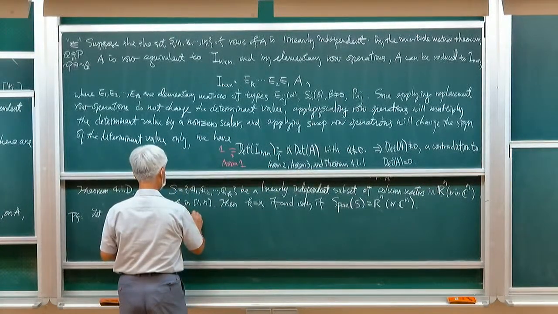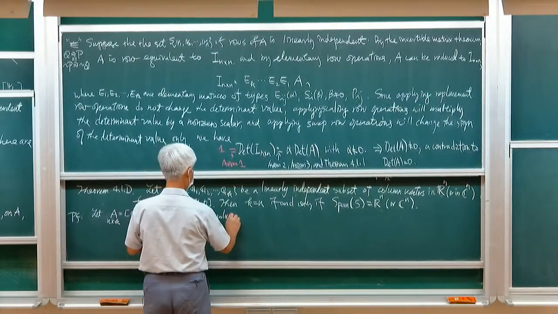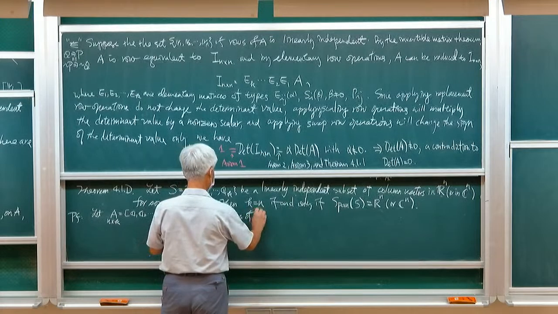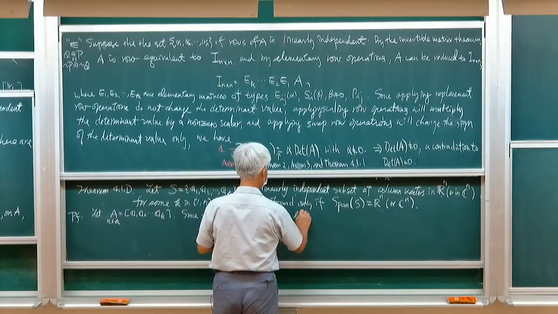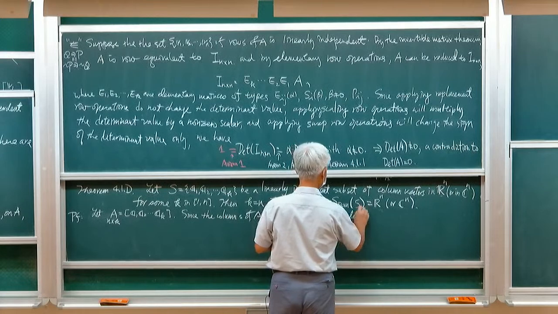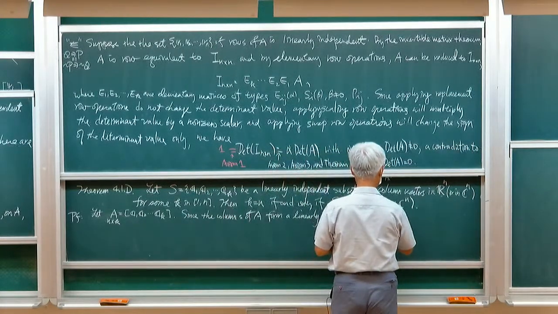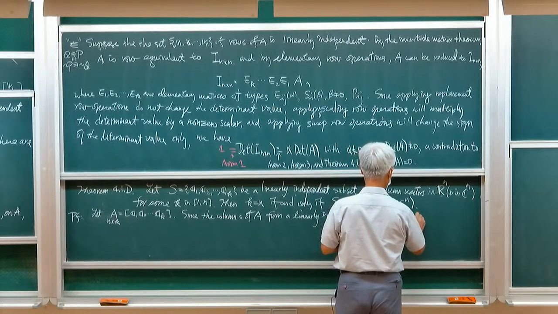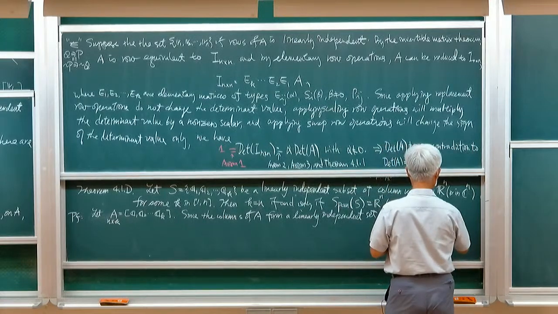Right. Now, since the columns of A form a linearly independent set, each column of A has a pivot position.